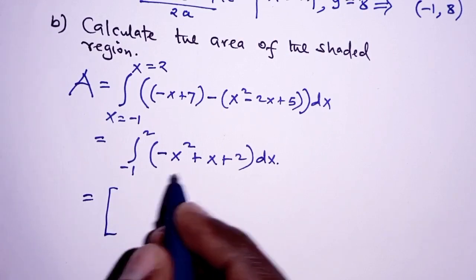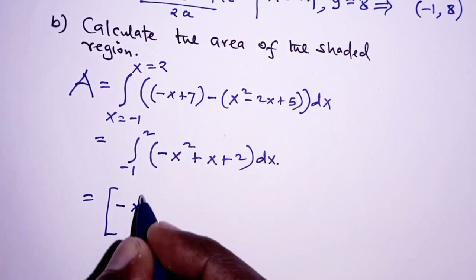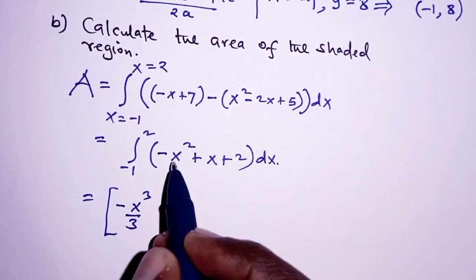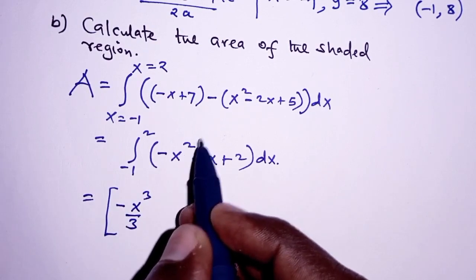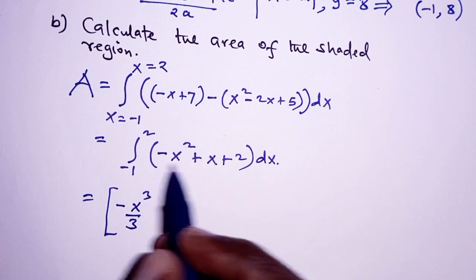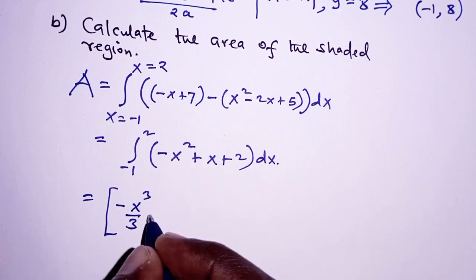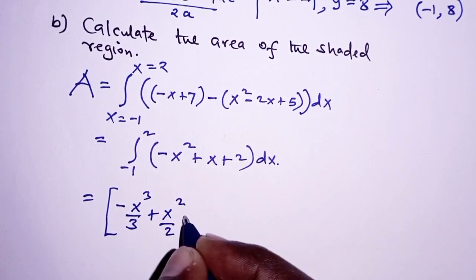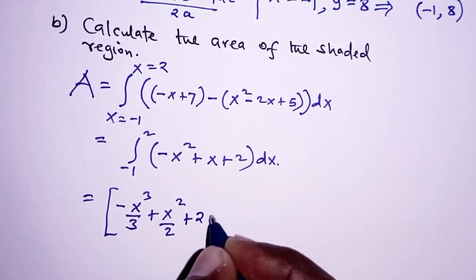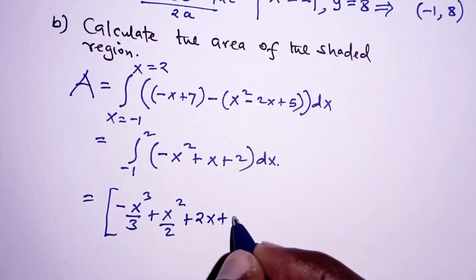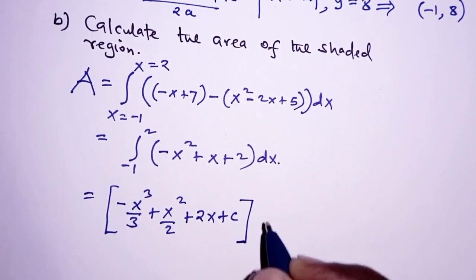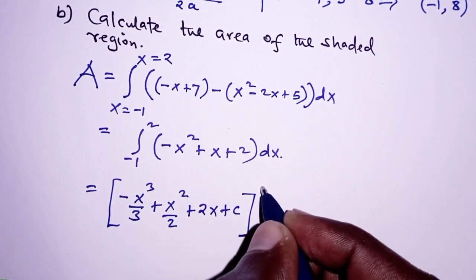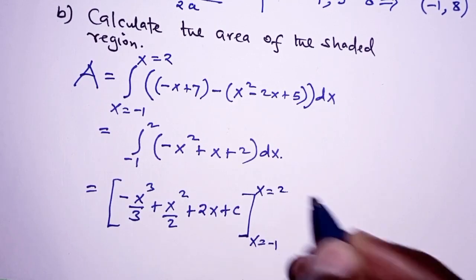For this part, we have negative x cubed, and then the power becomes the denominator, so we have to add 1 to the power, and then the result divides. And then here we also have plus x power 2 divided by 2, and then plus 2x plus the constant c. This is done within the limits x is -1 and x is 2.